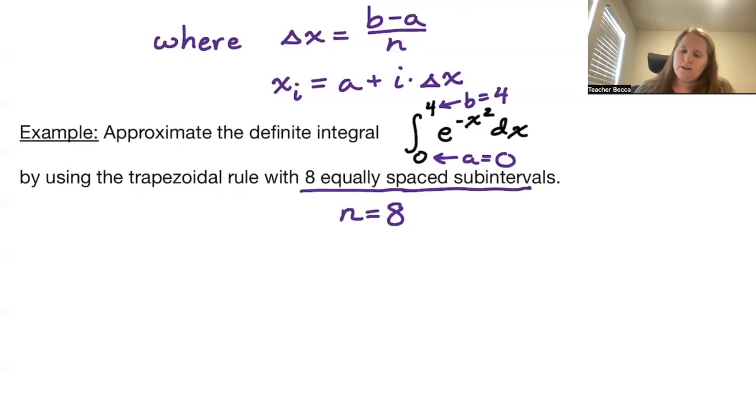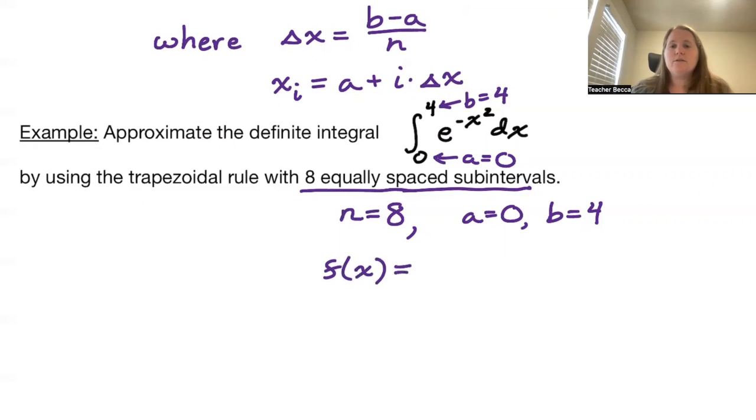So we have n equals 8, a equals 0, and b equals 4. So working through, we also have f of x is the function inside our integral. That's our e to the negative x squared.